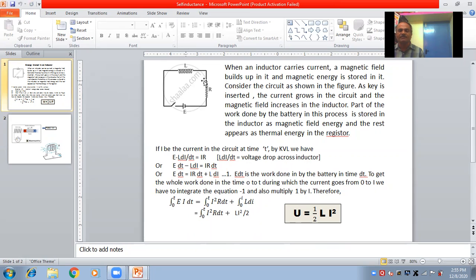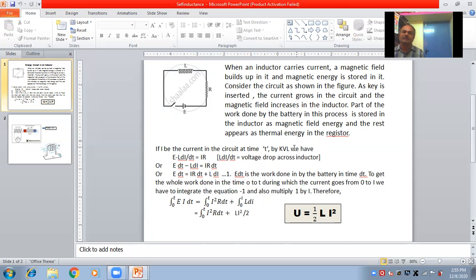At that time, the power given by the battery is simply consumed by the resistor in the form of heat energy. Therefore, the time t here means the time at which the current becomes maximum, or the time at which the maximum energy is stored by the inductor.